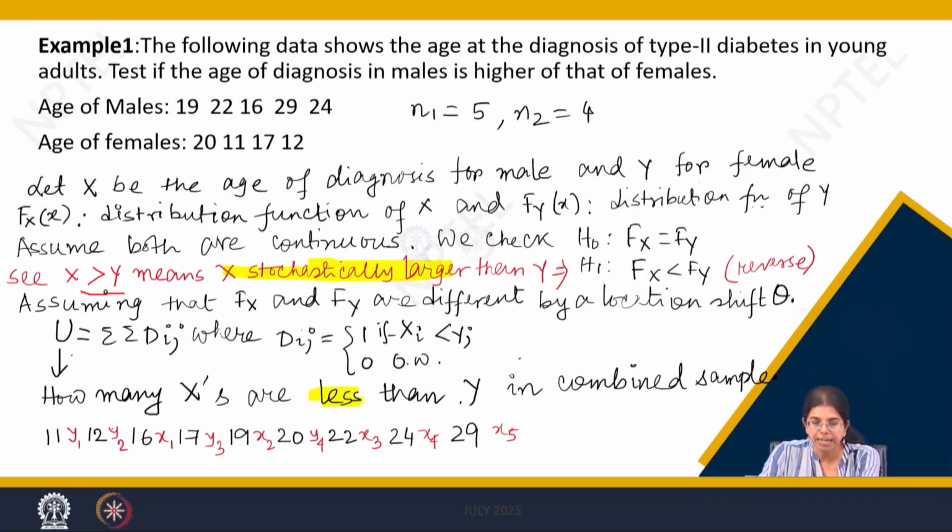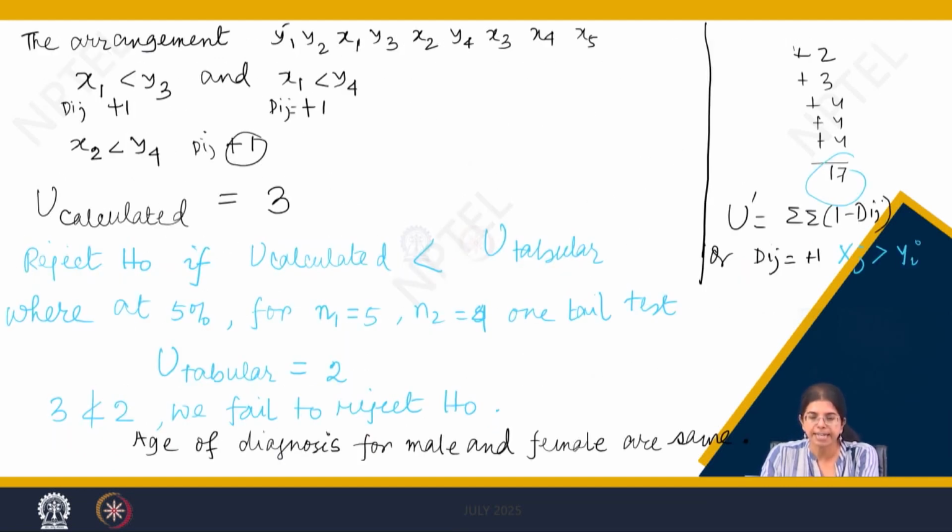So 11 is the smallest observation, and 11 is coming from Y, and because of its rank I have written it as Y1, that is, it is the first observation in the Y sample. So finally you will have an arrangement comprising all X and Y figures. So let us see the arrangement: Y1, Y2, X1, Y3, and so on.